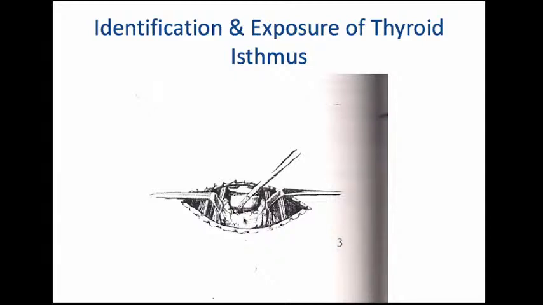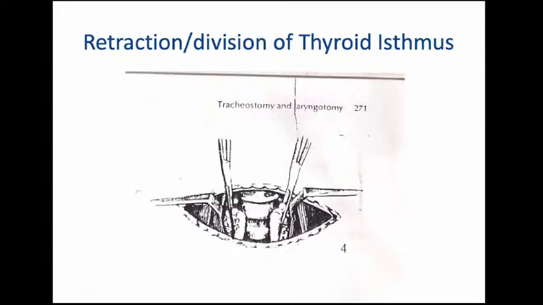But you want to expose your trachea better. So either you can retract this isthmus superiorly or inferiorly, or you can actually split it and tie it up. But we rarely split and tie because that takes quite a bit of time.